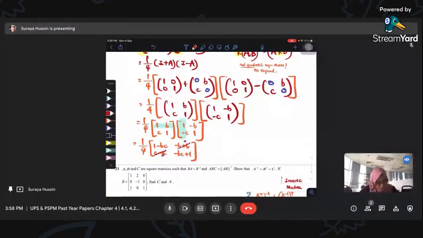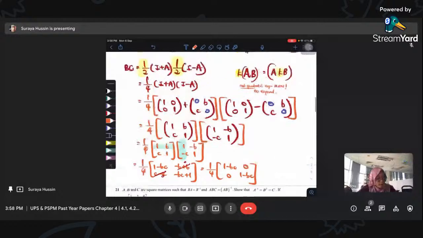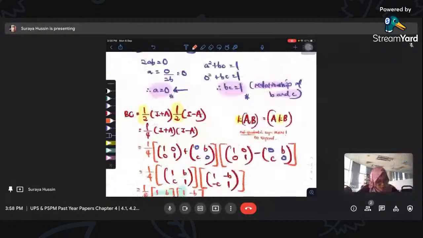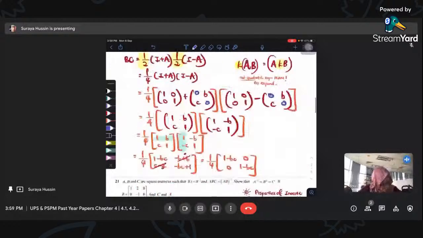So we are left with 1 over 4, 1 minus BC, 0, 0, with 1 minus BC also. Wow, a lot of 1 minus BC. Yes, true. But do you know what is your value of BC? Your BC is equals to 1. Therefore, you just sub it in.